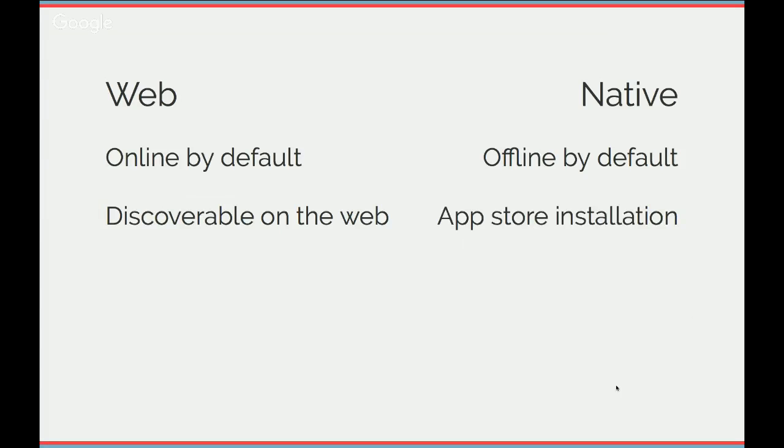On the other hand, native applications have the worst kind of first-time user experience you can expect from any kind of application. And that's because you have to go through the App Store installation. Now, perhaps you are on the internet and you're trying to get something done, and the website you're on says, hey, how about you install our app? And you go, okay, that sounds like a great idea.